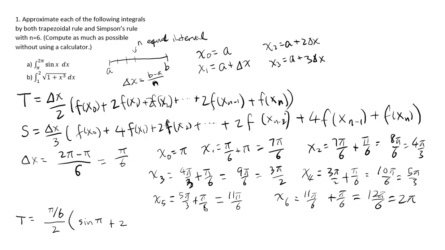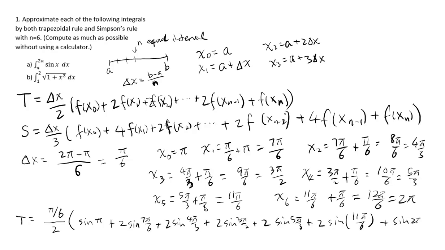So sine pi, and then 2 times sine of 7 pi over 6 plus 2 times sine 4 pi over 3 plus 2 times sine 3 pi over 2 plus 2 times sine of 5 pi over 3 plus 2 times sine of 11 pi over 6, and then finally sine of 2 pi.